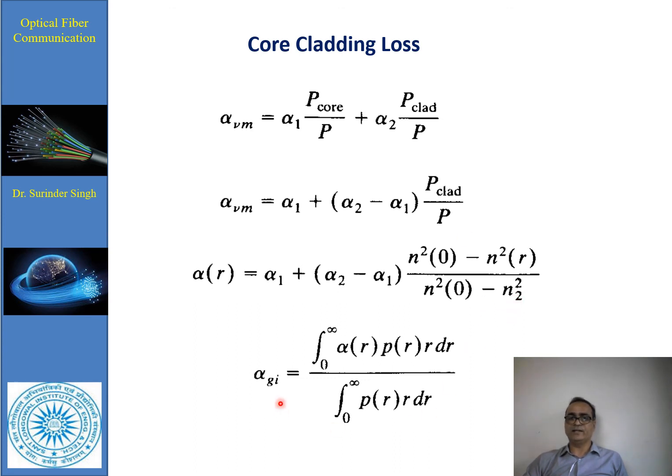The loss encountered by graded index fiber is the integral from 0 to infinity of alpha r P(r) r dr divided by the integral from 0 to infinity of P(r) r dr, where P(r) is the power density of the mode at r. Loss increases with the increase in the mode number.